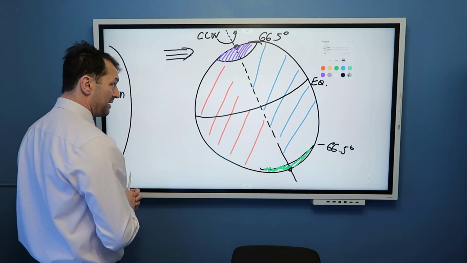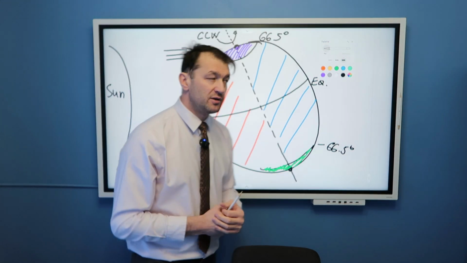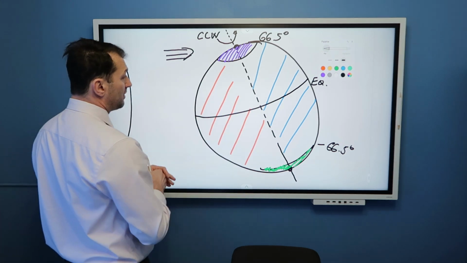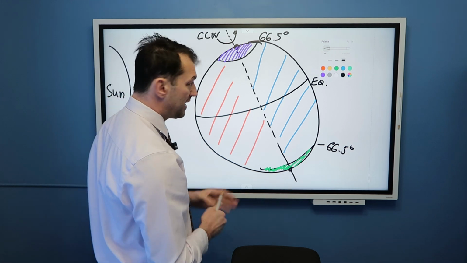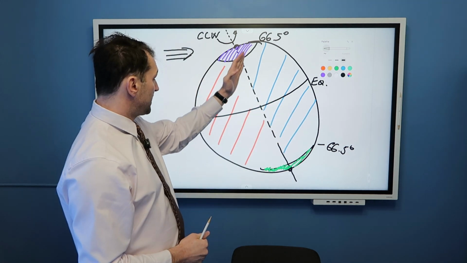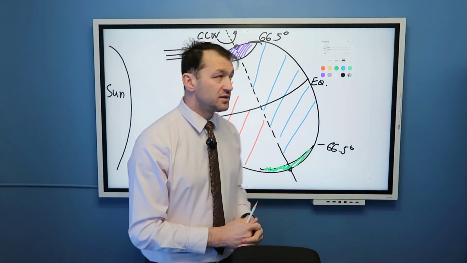There is one more effect that is important to mention, and that has to do with the Earth's atmosphere. These two effects that I discussed, namely intensity of solar radiation and daytime duration, with respect to this tilt of Earth's axis, are the so-called astronomical parameters.